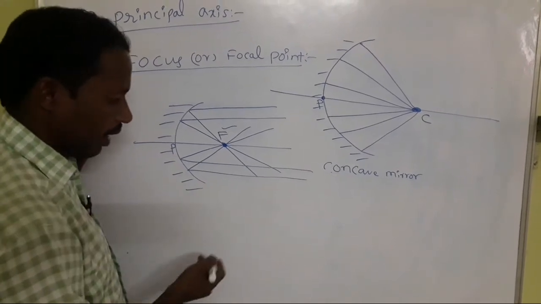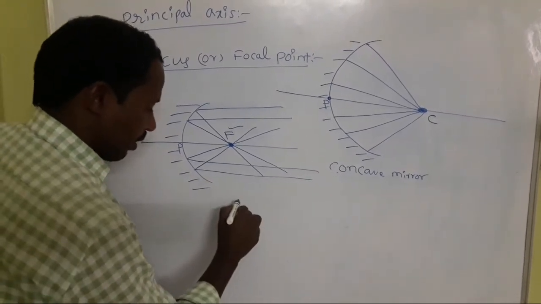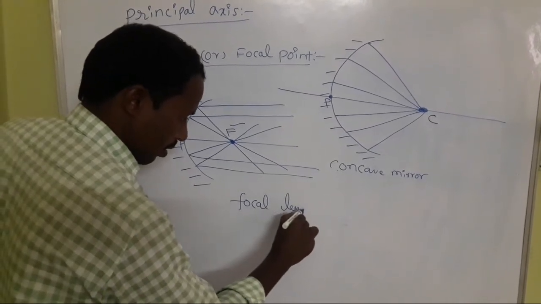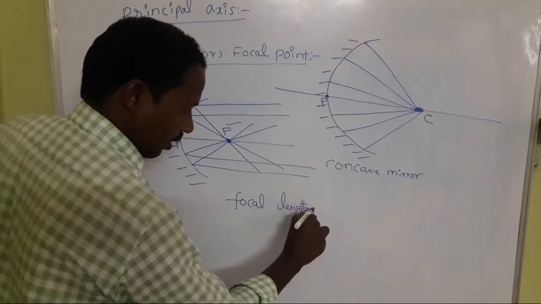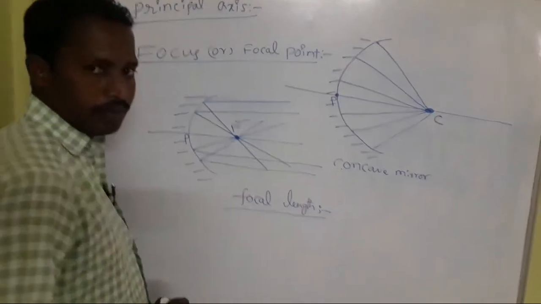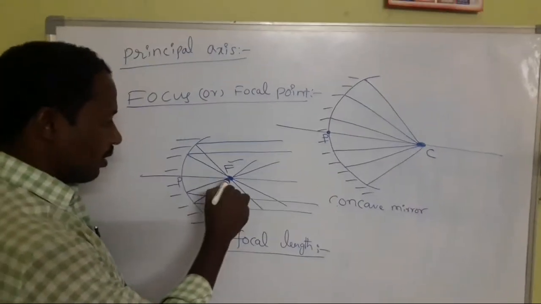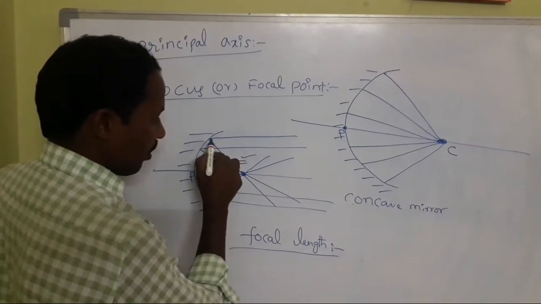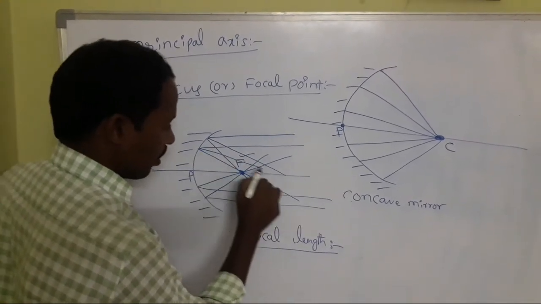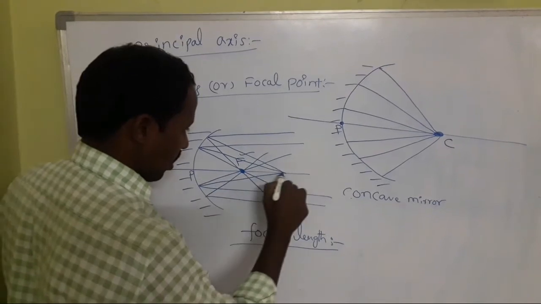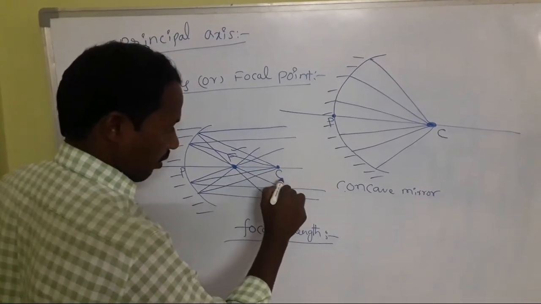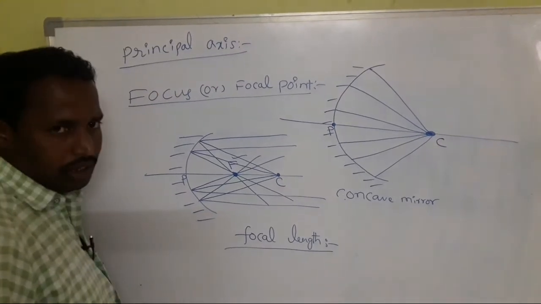And finally, the focal length. What is focal length? For example, here is the focus, and these are all the normals. The normals converge at a point known as the center of curvature of the mirror, as we already discussed.